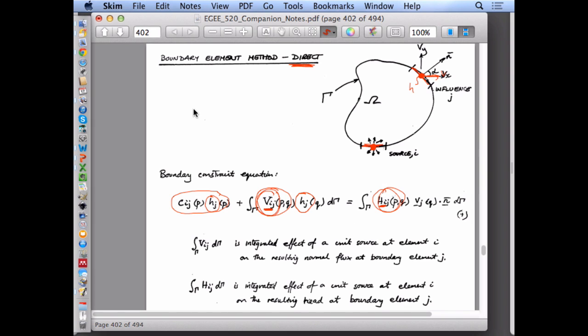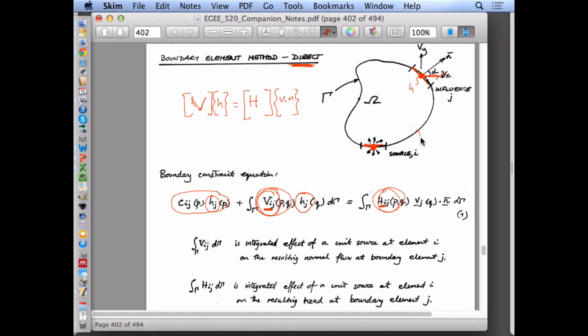And then you write a big matrix equation, which will basically look like a matrix of velocities multiplied by a vector of heads. And you set that equal to a matrix of these head magnitudes multiplied by normal to the boundary velocities.